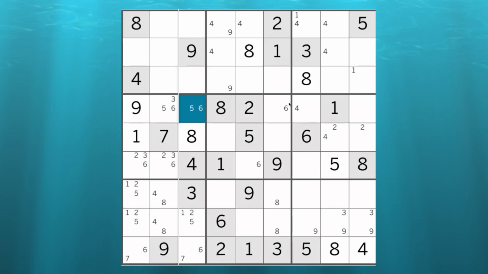Okay, let's finish the ones. So now, those can't be a 1. Which means the 1 has to be there. And that is a 2-5 set, so that cannot be a 2, which means that has to be a 2.